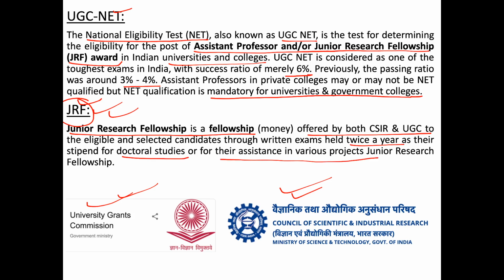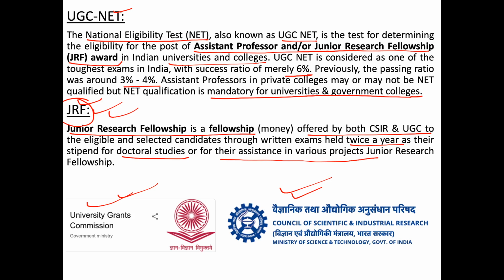So I hope you get the difference between NET and JRF. Basically, NET is the eligibility criterion to apply for the post of assistant professor or lecturer in any government funded university, either a state university or a central university.